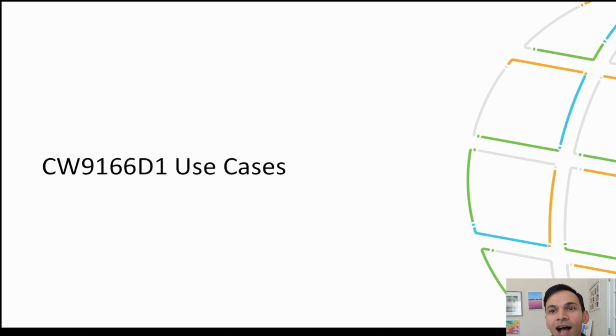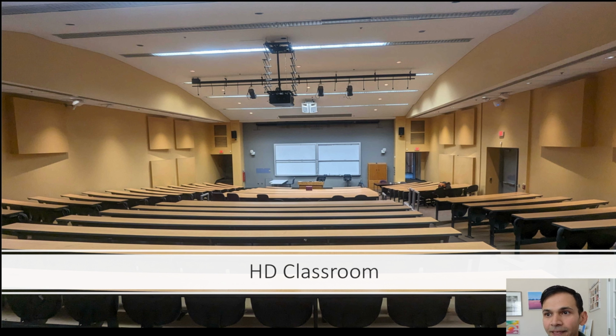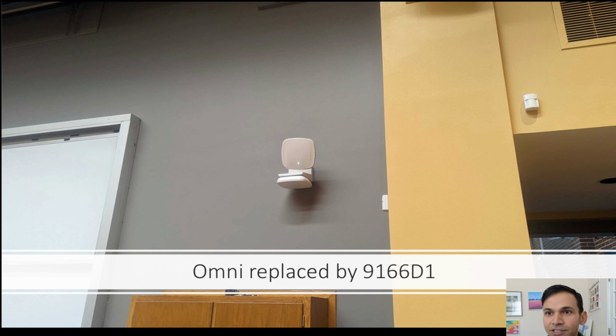However, one of our customers was able to use it in an auditorium room. This is what it looks like in a high density classroom. As you can see before, they implemented an omnidirectional antenna, and it is still there, but they put in the 9166D1.